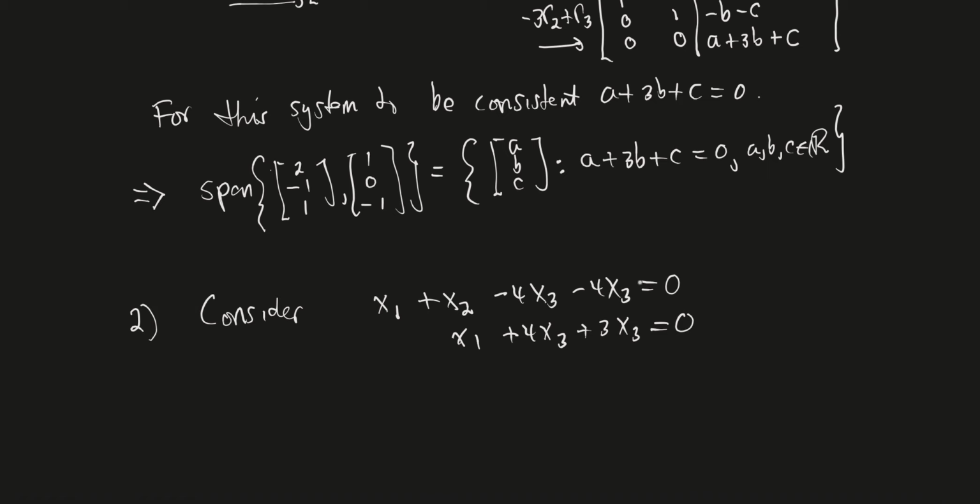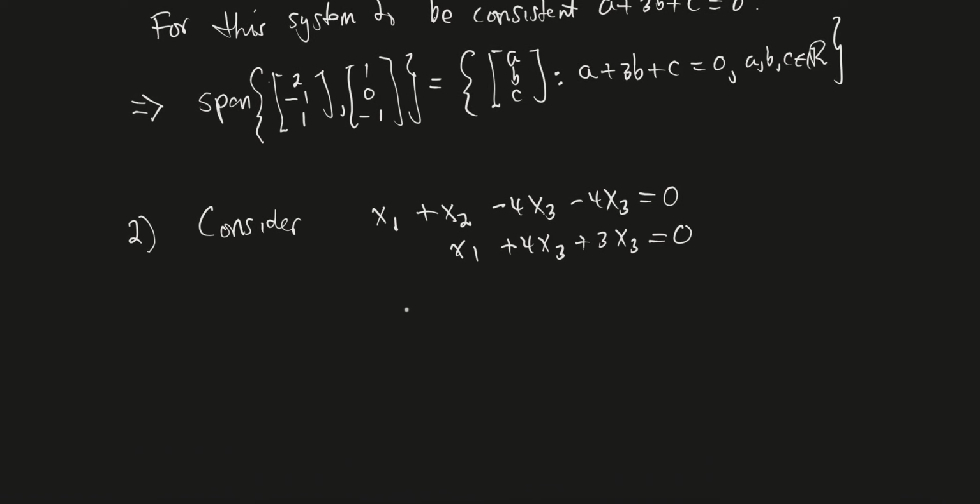So we have our homogeneous system. Let's go ahead and solve this system. If it helps, it looks like it is in echelon form, but maybe we can put it in reduced row echelon form. So let's do this.